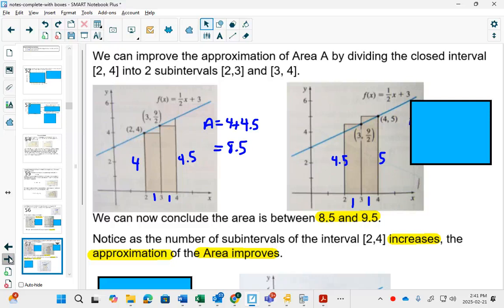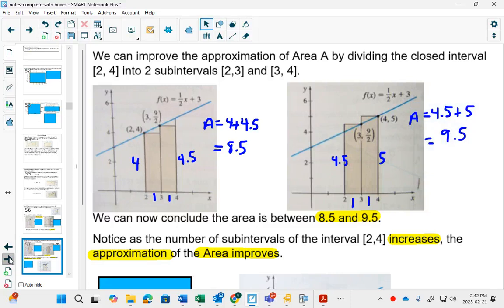So now if I did 2 rectangles, I could have 2 rectangles that are below and 2 rectangles that are above. And one's going to be too small and one's going to be too big. But before we had 8 and 10. And now, I know you know the answer is 9.